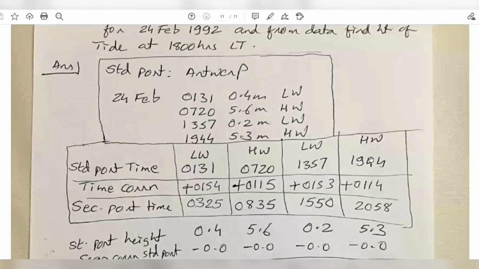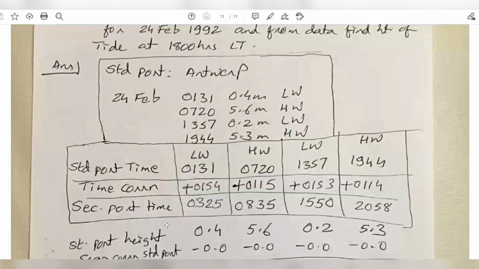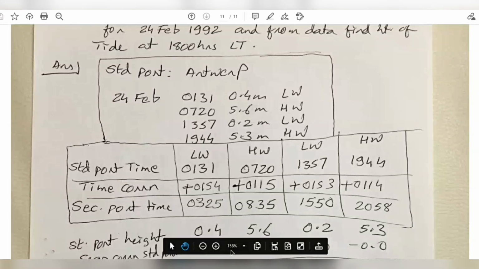Just make this table. The top one you have already written. Now make this table with the standard port time, correction applied, and convert it to secondary port time. How to get that correction I will tell you, but just make the table and put down the data. 0131, 0720, 1944, this data, first row, put down.